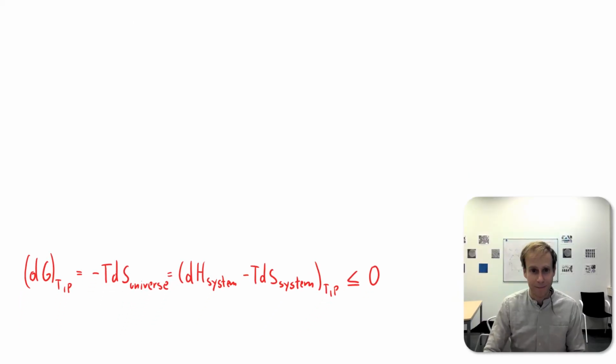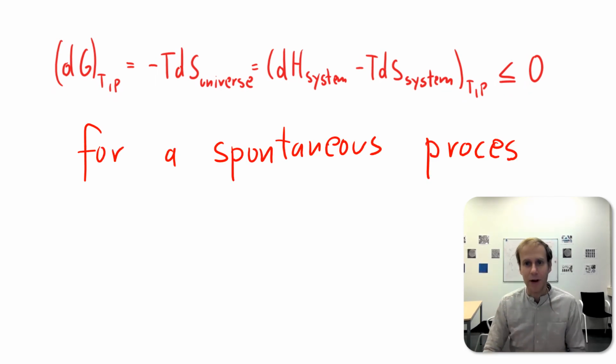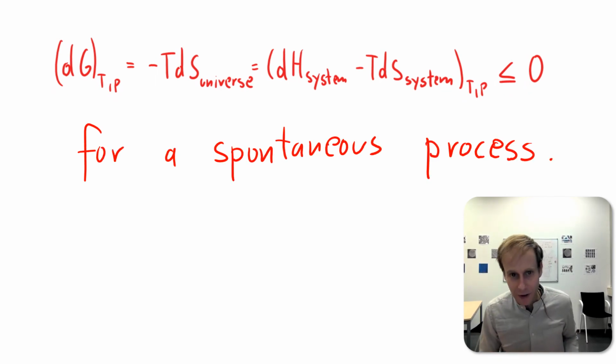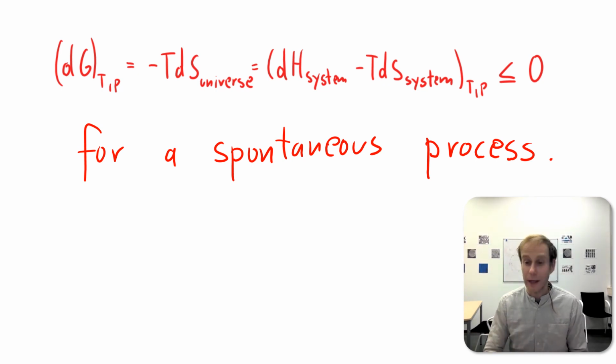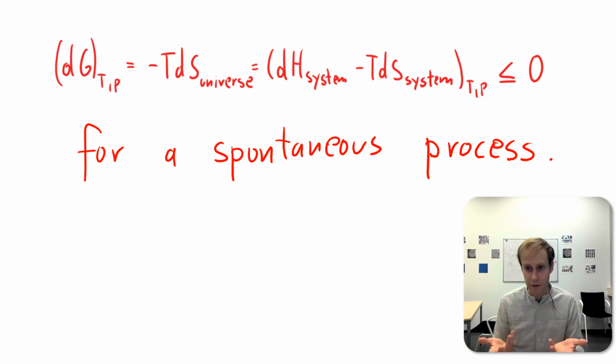To summarize, for a spontaneous process, the change of the Gibbs free energy at constant temperature and pressure will always be smaller than 0. The Gibbs free energy change is simply a different way of expressing the second law of thermodynamics, which says that the entropy of the universe increases. Just for the Gibbs free energy, it must decrease, right?